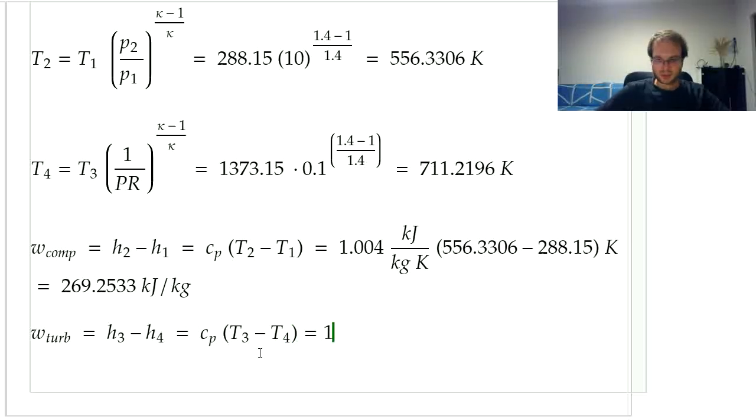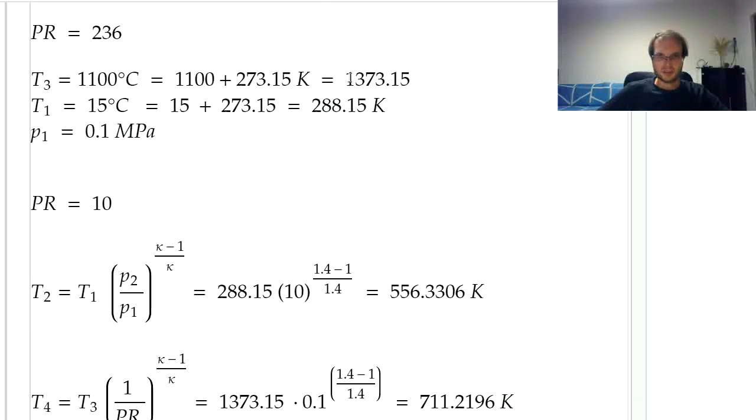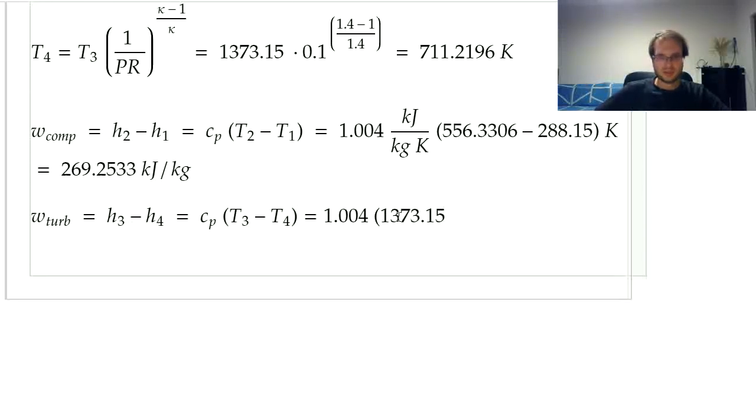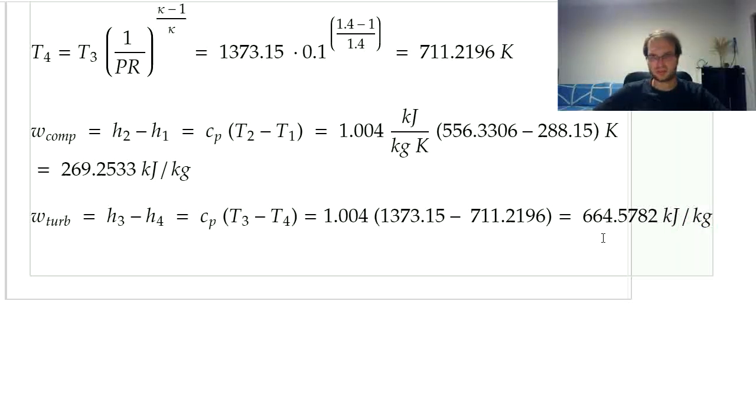So 1.004 times temperature T3, the firing temperature was over here, 1373 kelvins, minus temperature T4 over here, and we get work of the turbine as 664.5782 kilojoules per kilogram of working fluid, of the air.